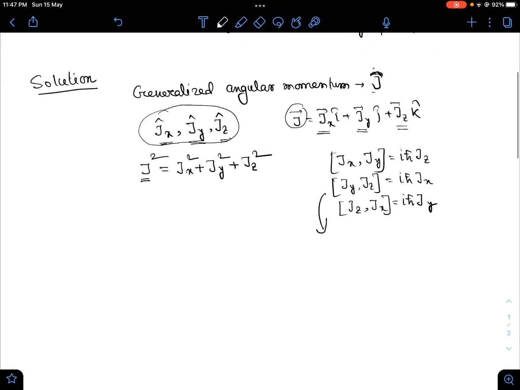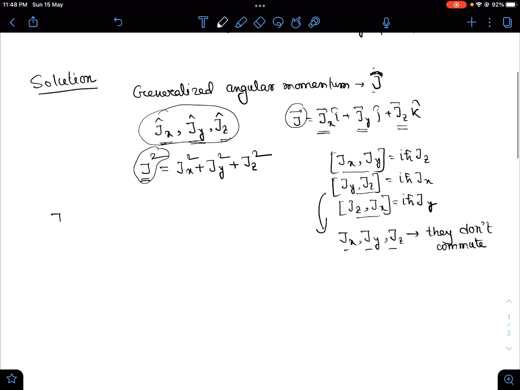From this we can say that Jx, Jy and Jz don't commute with each other, because if they commuted, their commutation relation would be 0, but it is non-zero. But as J square is a scalar, J square commutes with all these three components.